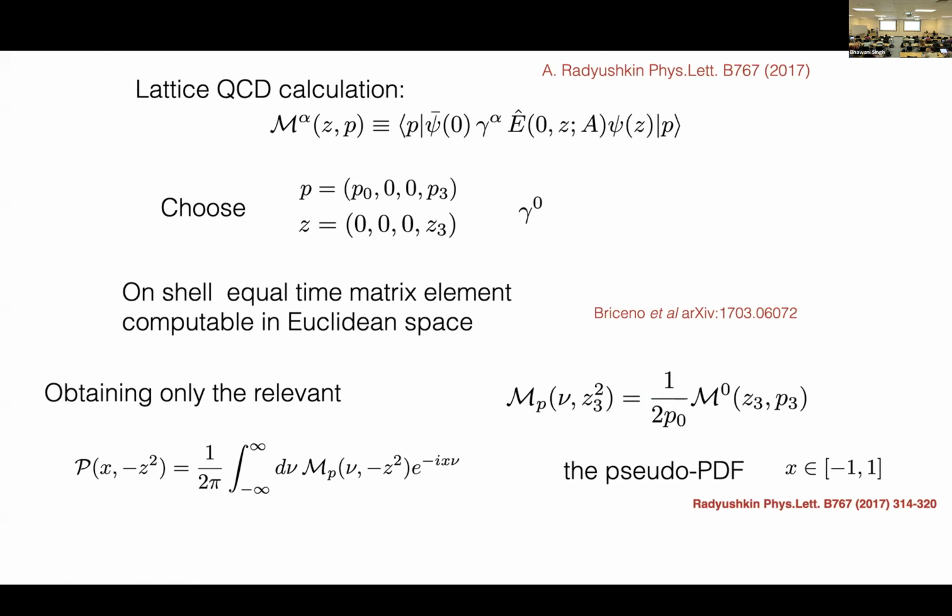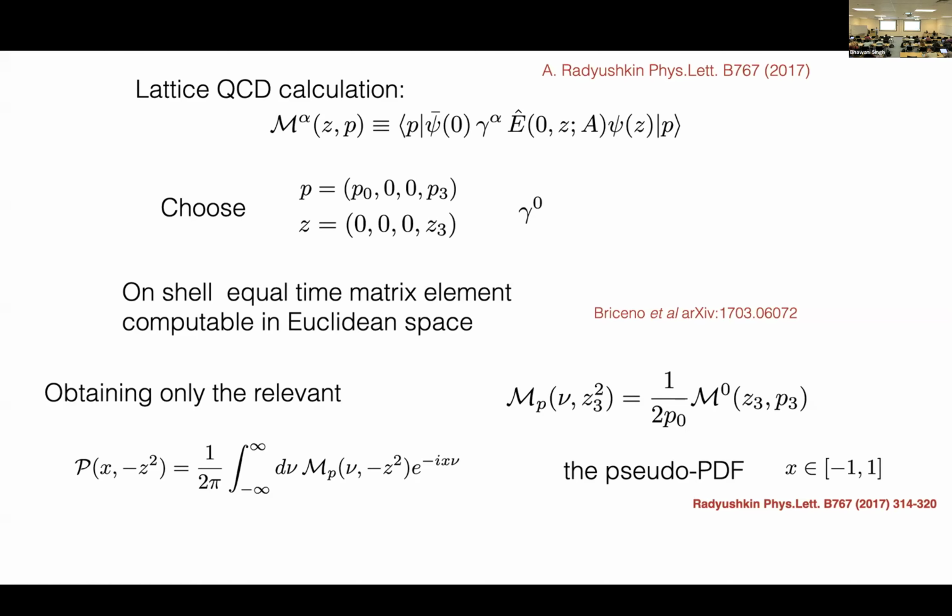And in fact, I have to do a Fourier transformation given my definition of the PDF. If you remember, you have to do a Fourier transformation in order to go to the momentum fraction x. So this M_P factor, Fourier transformed, gives me a PDF. And forget about this for a moment.